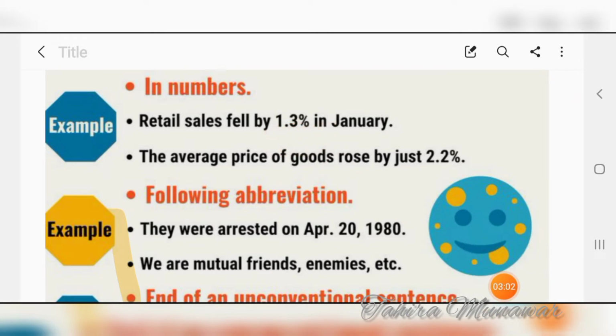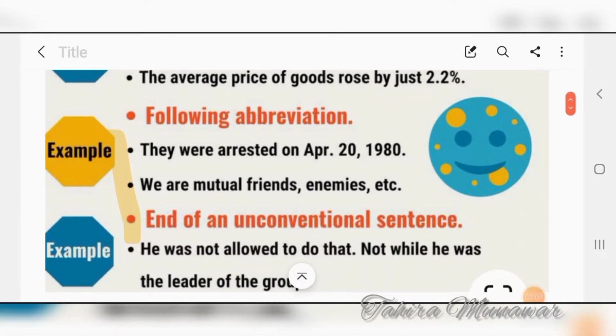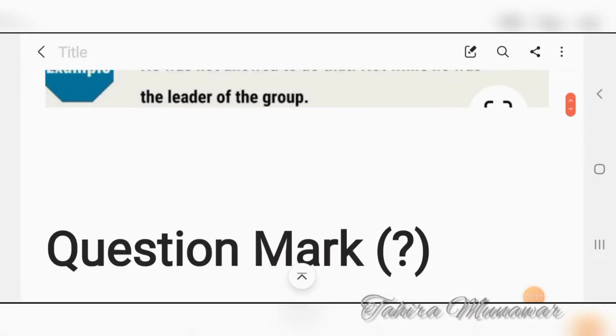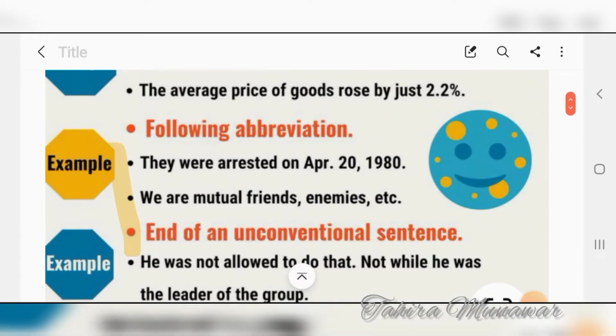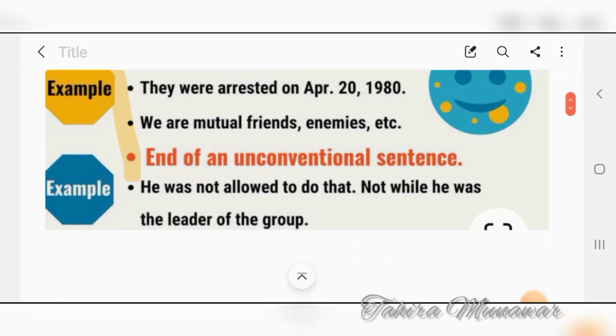Average price of goods rose by 2.2 points. Following abbreviations, look, the abbreviated form is Apr. 20 and then etc. This is again the abbreviated form, so here they use this full stop sign.